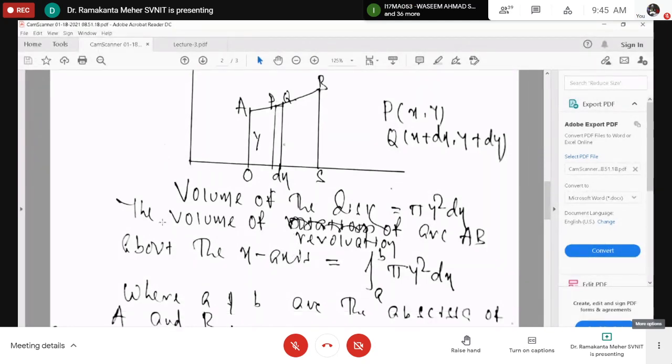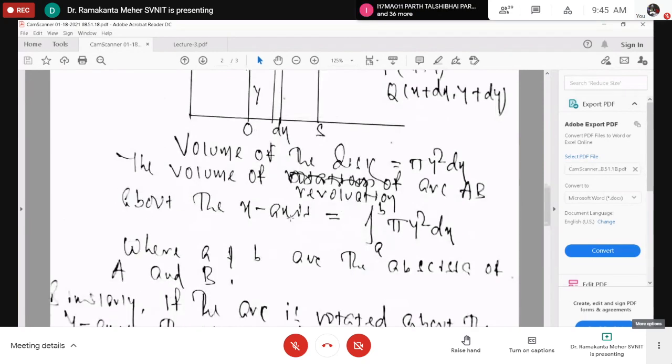Okay. So this is the volume of the disk, and the volume of revolution of this arc AB about the x-axis. First we have considered this PQ, and if we finally try to find the whole volume of this arc after rotating about the x-axis, you just imagine it will give you a funnel-like structure after rotating, and the volume of revolution from A to B is pi y square dx.